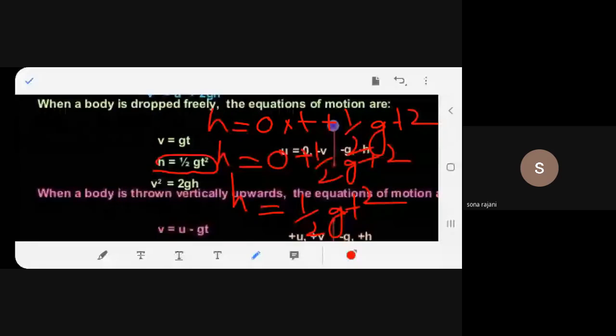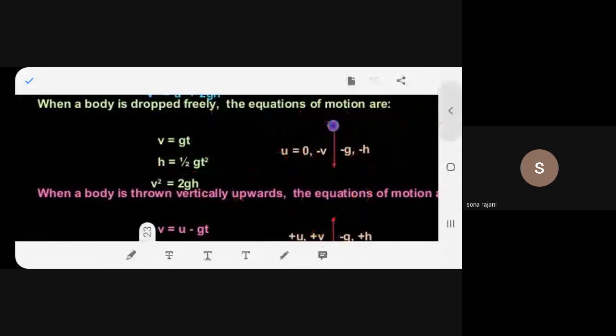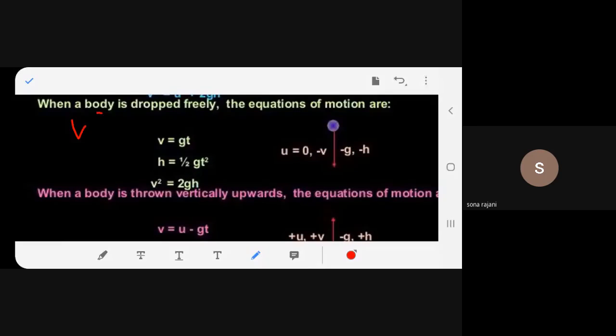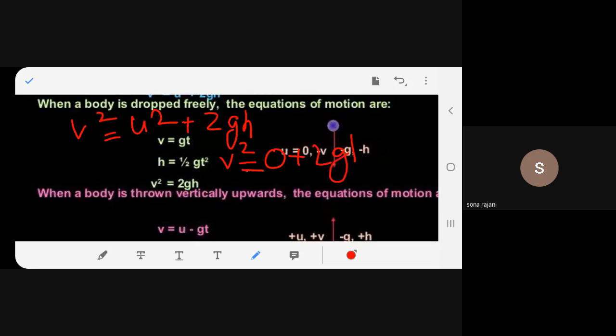Yeah, please start reading, beta. Now we come to v square is equal to u square plus 2gh. We know that u square is 0, so v square is equal to 0 plus 2gh.